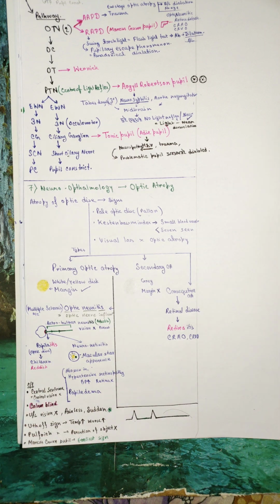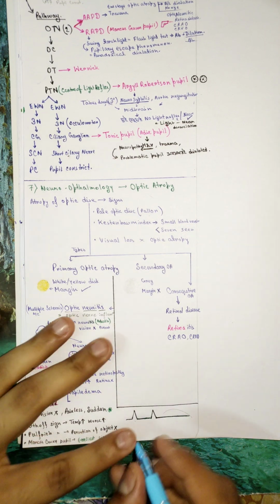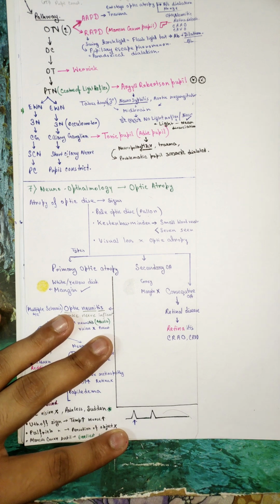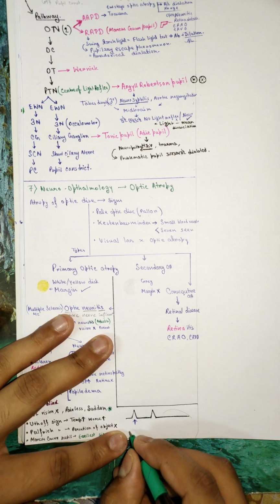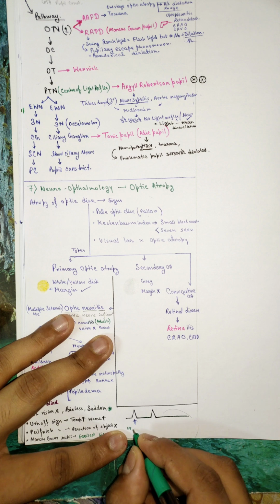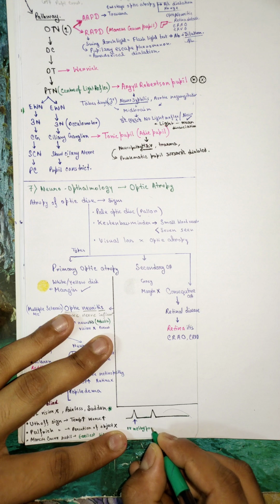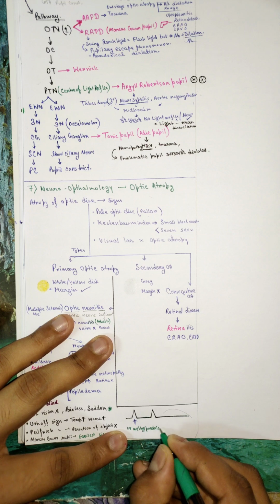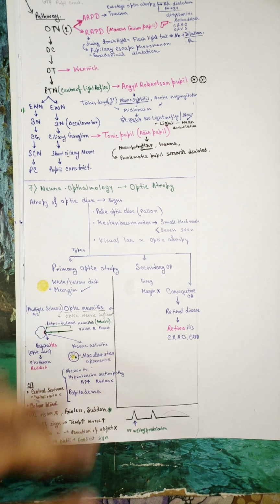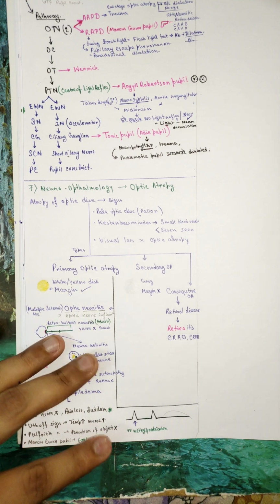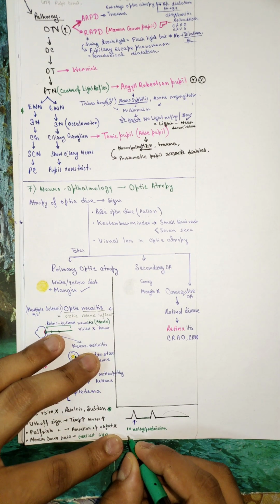Okay, so during the onset, my treatment will be steroids, nothing but IV steroids. That is methylprednisolone, 1 gram daily for 3 days, followed by oral prednisolone.